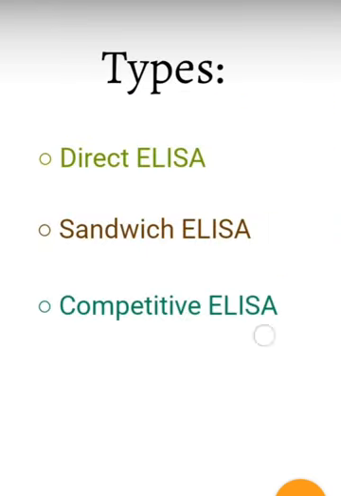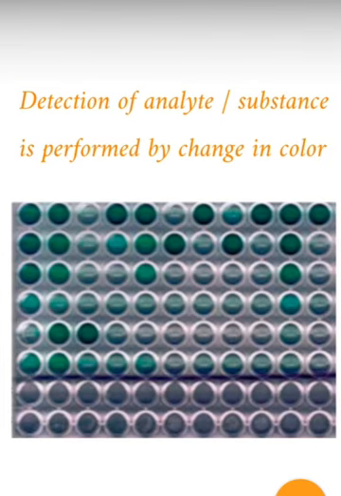So one more thing, why do we perform ELISA? Let's suppose a person has been diagnosed with HIV infection. Now you want to justify whether the person is really suffering from HIV or not. If the person is suffering from HIV, then the virus will be present in the body of the person, and you can perform ELISA to identify the presence of the particular antigen in the sample.